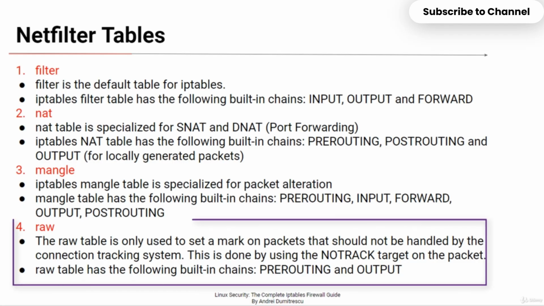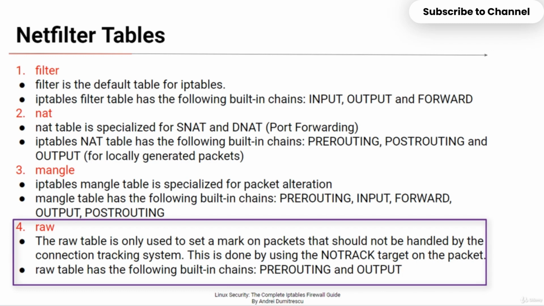And the last table is raw. The iptables firewall is stateful, meaning that packets are evaluated in regards to their relation to previous packets. iptables views packets as part of an ongoing connection or session instead of as a stream of discrete, unrelated packets.